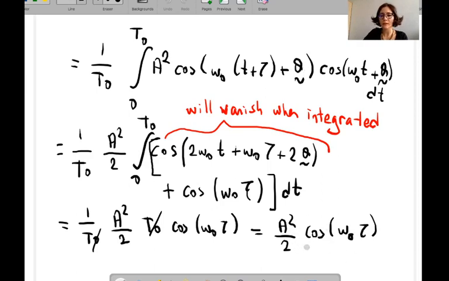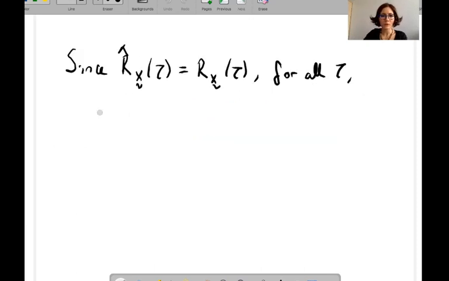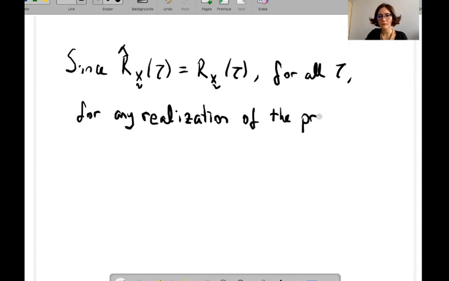Theta is not involved in this actually. So this holds for any realization of the process. So for all tau and for any realization of the process, then we conclude that x of t is a process that's ergodic in the ACF.